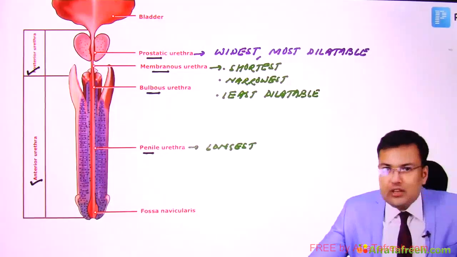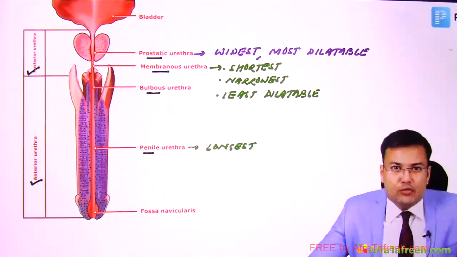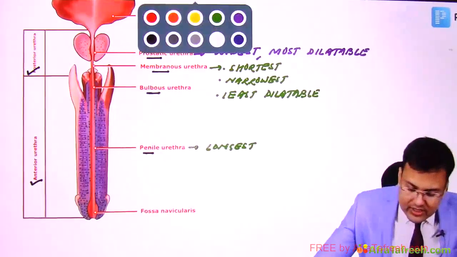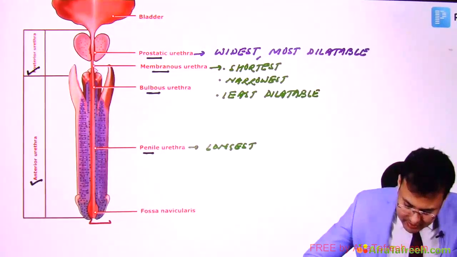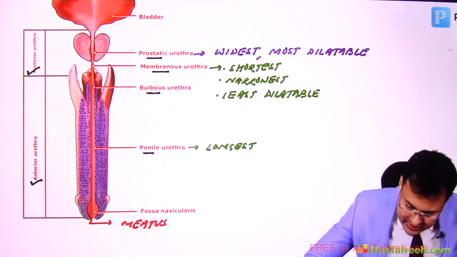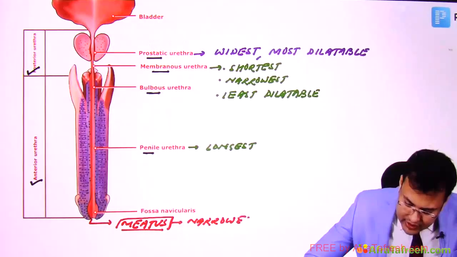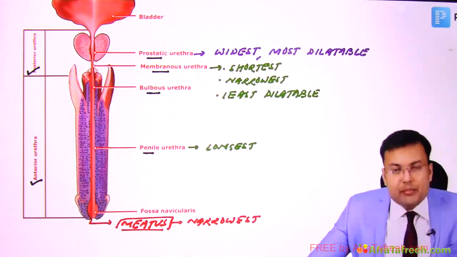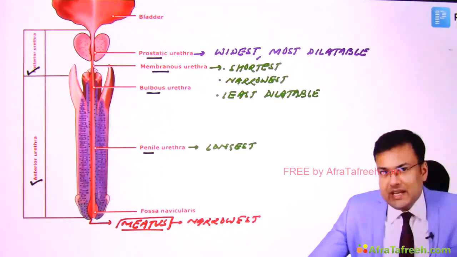If meatus is not given in the option, then only we choose membranous. This is an important point. So this is the basic anatomy.